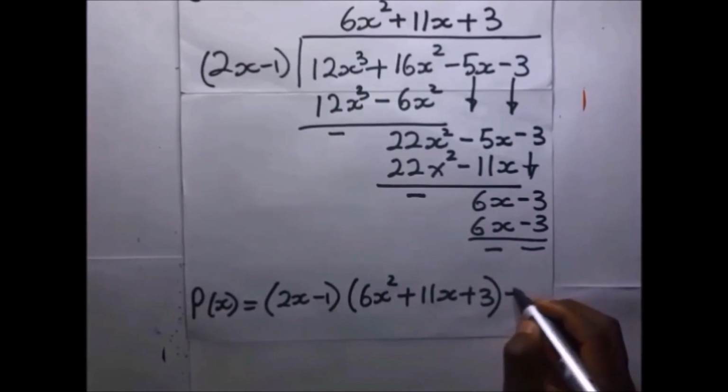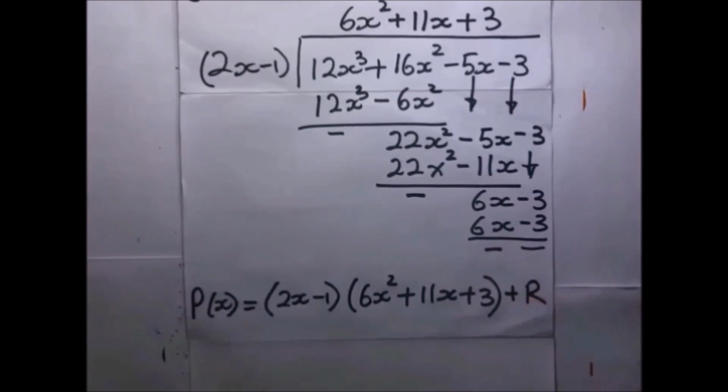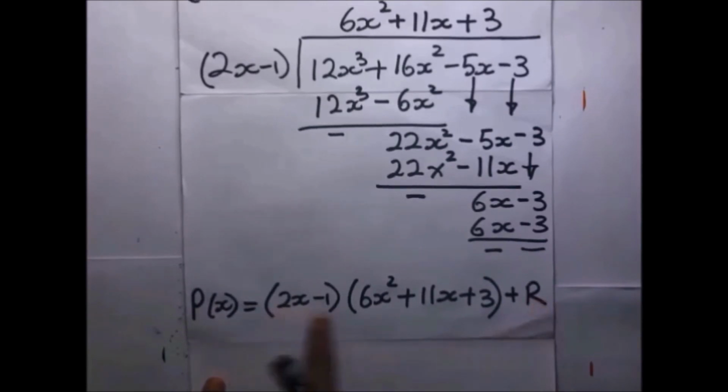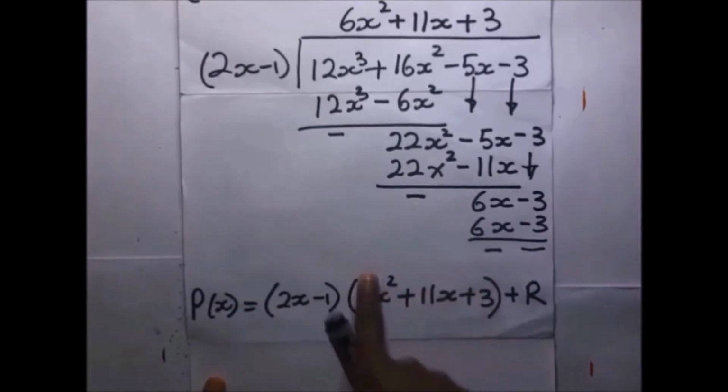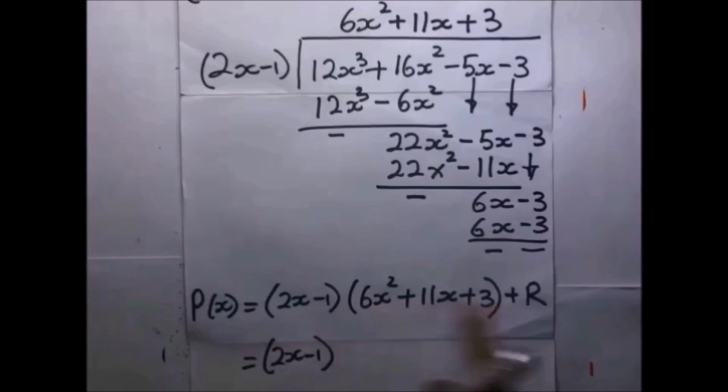Of course, plus our remainder, but our remainder is equal to 0, so we can ignore that. So we factorize this further. This is going to be 2x minus 1, and we factorize this quadratic expression.